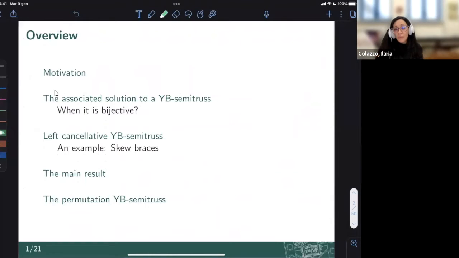And then I will move to the last section, the permutation YB-semitrusses, which is an attempt to generalize the concept of permutation group in the context of left non-degenerate solutions. Here we will see that we can slightly generalize the results that connect bijective solutions and right non-degenerate solutions when these permutation YB-semitrusses satisfy some other condition.